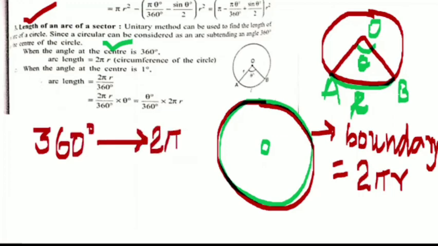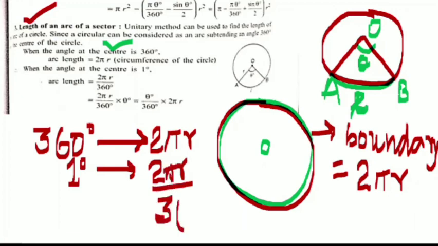When the angle is 1 degree, the arc length becomes 2 pi r by 360. And when the angle at this sector is theta degrees, what will be the arc length? When the angle is 360 degrees, the arc length is the complete circle, 2 pi r.